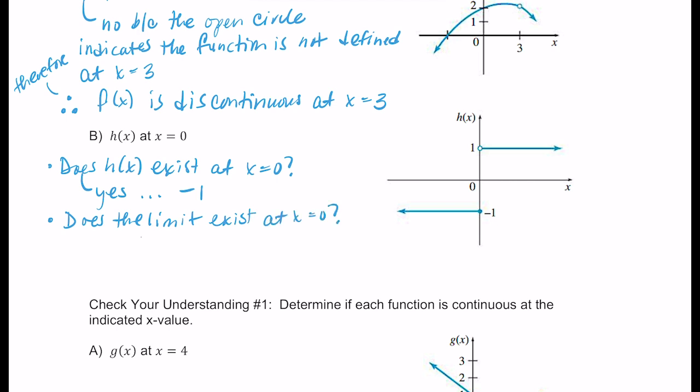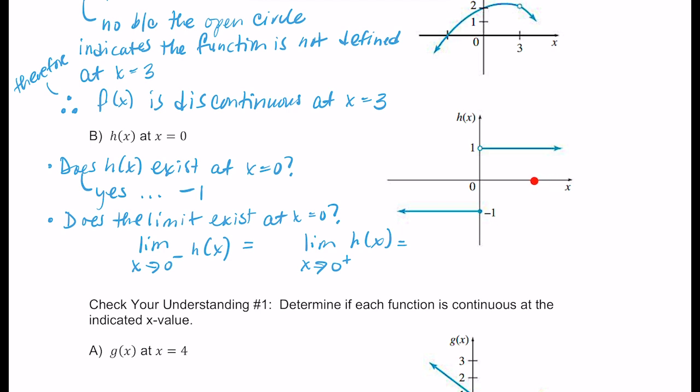So we're going to check, in this case, the limit as x approaches 0 from the left, and we want to check the limit as x approaches 0 from the right. From the left, if I approach 0 from the left, I can see that h of x equals -1.